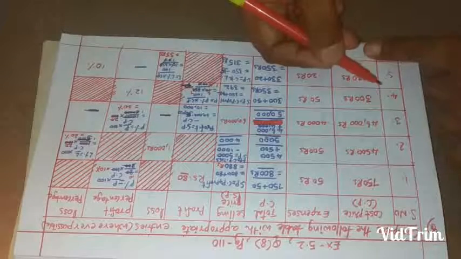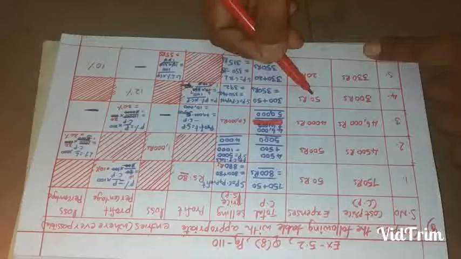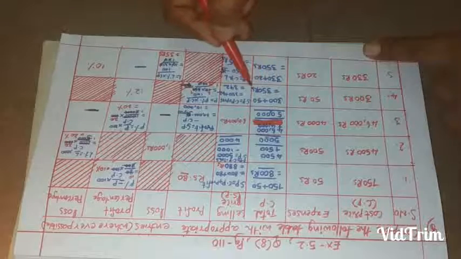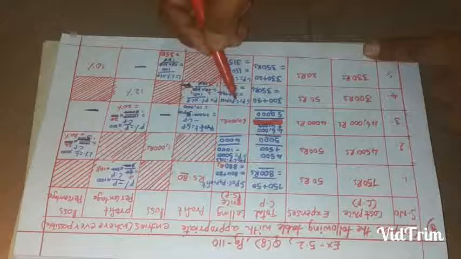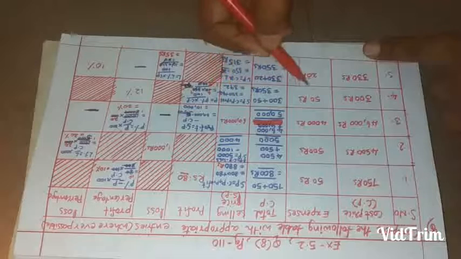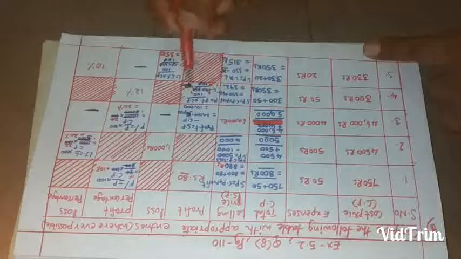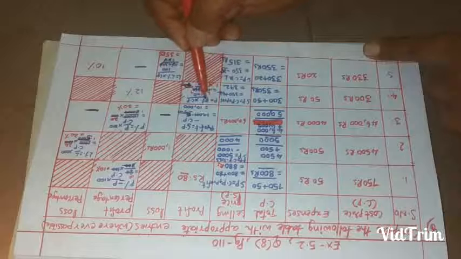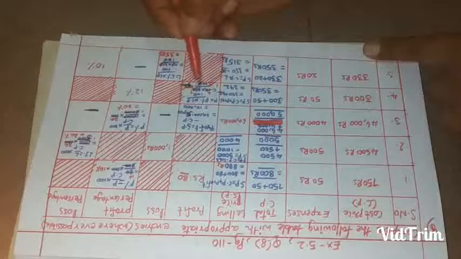In the fourth problem, cost price is 300 rupees and expenses on it is 50 rupees. Total cost price is how much? 350 rupees. Selling price equals cost price plus profit. Cost price is how much? 350 and profit is given here. Profit we should find. How do we get profit? Let us see. Here profit percent is given. Profit equals profit percent into cost price by 100.